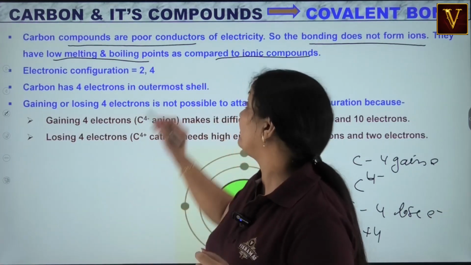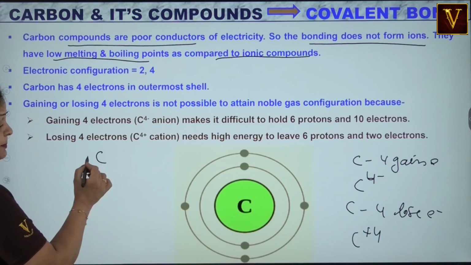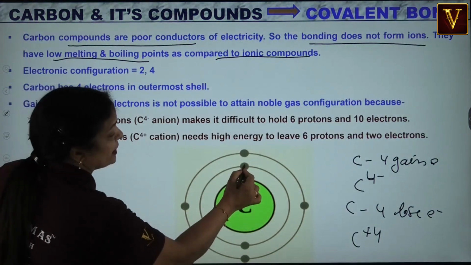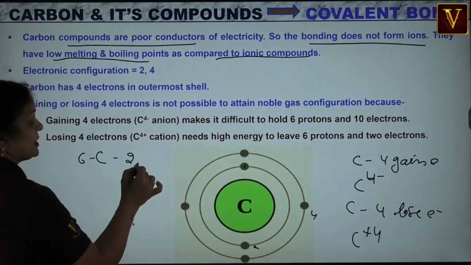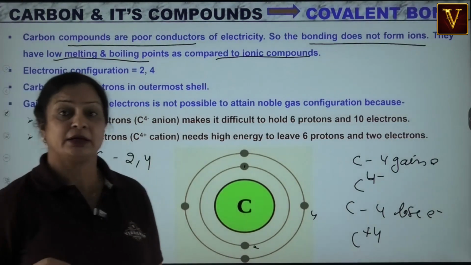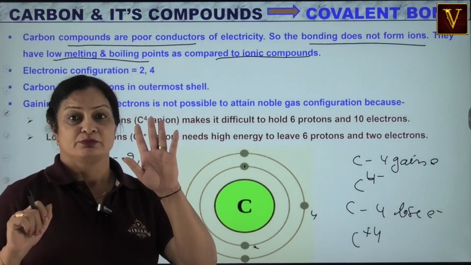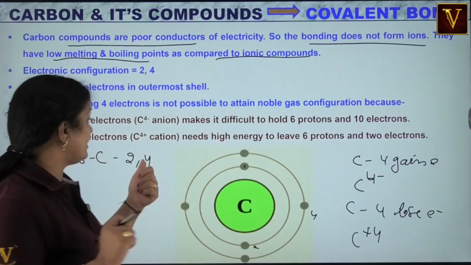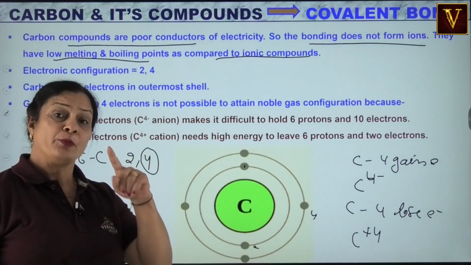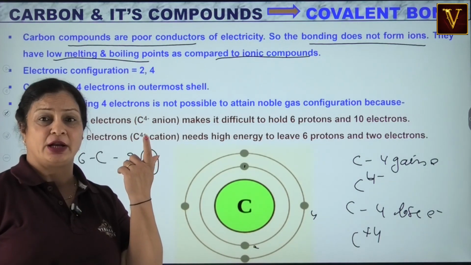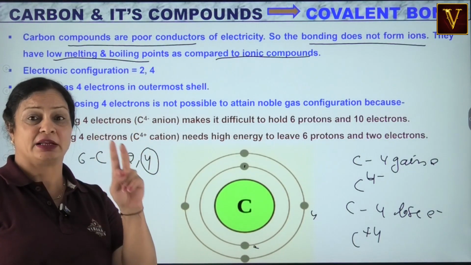Because we know very well the atomic number of carbon is 6, electronic configuration 2,4. How many electrons are required by carbon to attain noble gas configuration? 4. How many electrons are in carbon's outermost shell? 4. How many electrons does carbon need to attain noble gas configuration? 4. There are 2 types of probability.